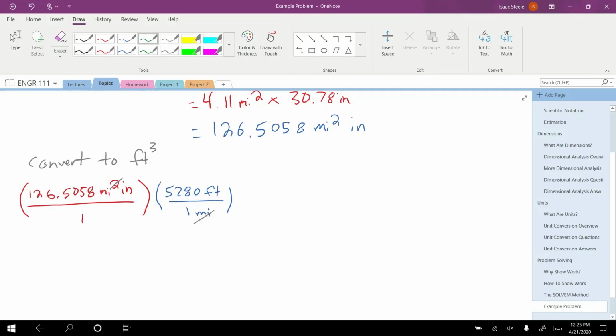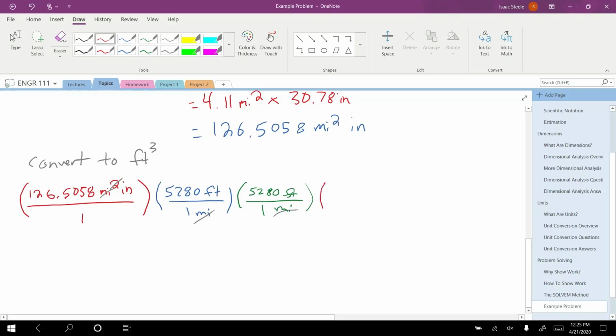I want to cancel out the other mile, so I'm going to do this again. And when I do this, this mile cancels out with the mile that's left. Again, I still have a volume here. I have inches, feet, and feet. And I'm going to do this one more time.